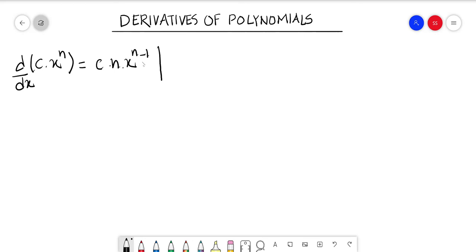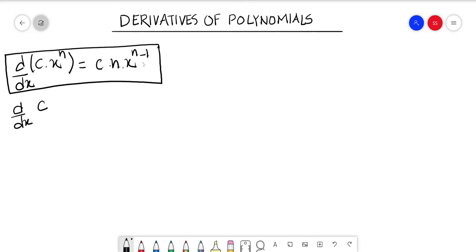Let us talk about a few other formulas or rules while performing the derivatives of polynomials. Say we have a constant number c, then if we have to perform a derivative of this constant number, it's always 0.